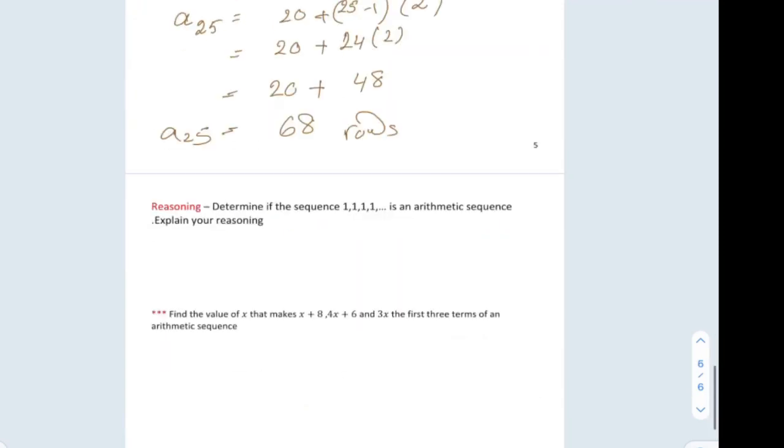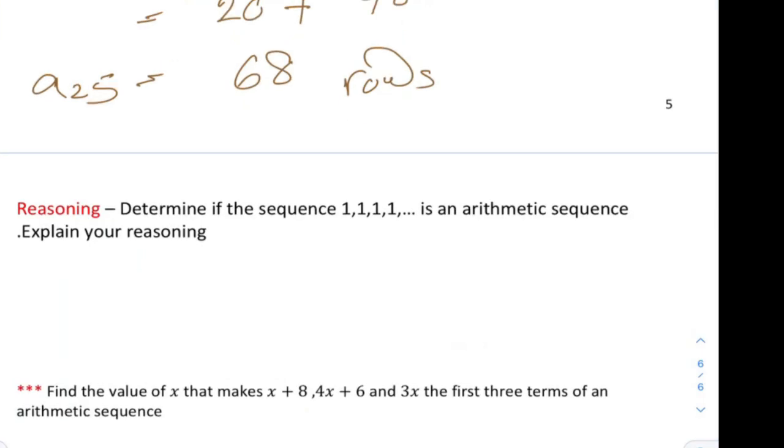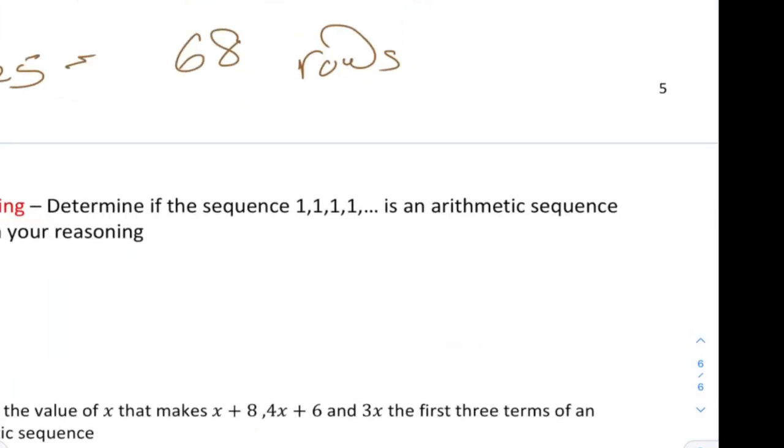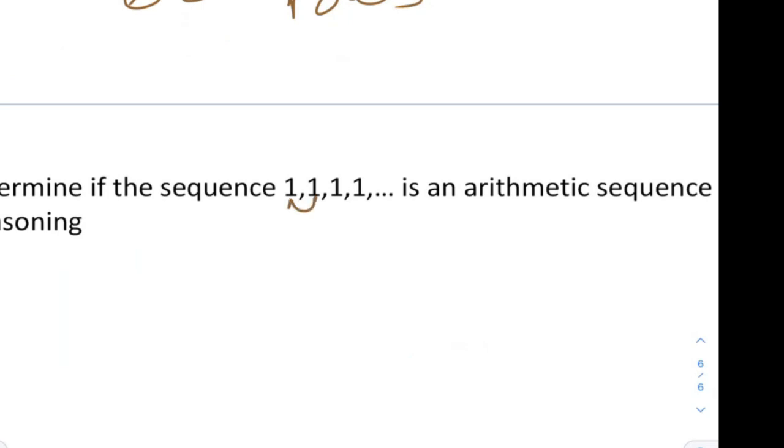Let's see this question. Determine if the sequence 1, 1, 1, 1 is an arithmetic sequence. Explain your reasoning. Now, the definition of the arithmetic sequence says that if the difference is constant, then yes, it is an arithmetic sequence. Is it? Let's check. What's the difference between 1 and 1? 0. 1 and 1, 0. 1 and 1, 0.